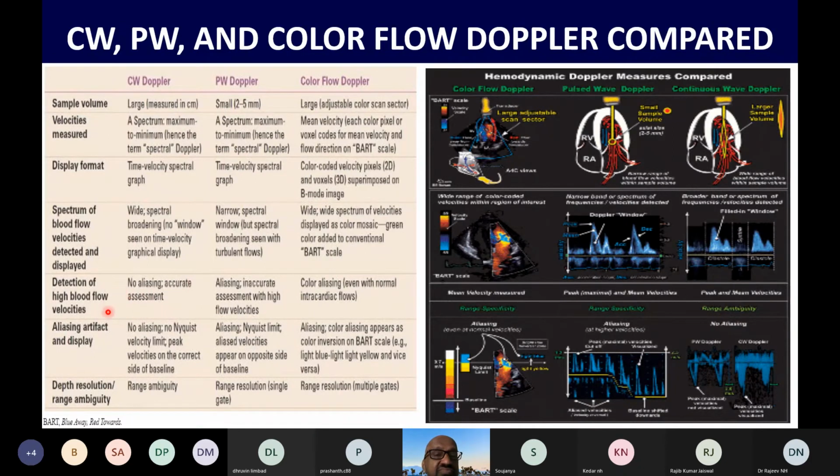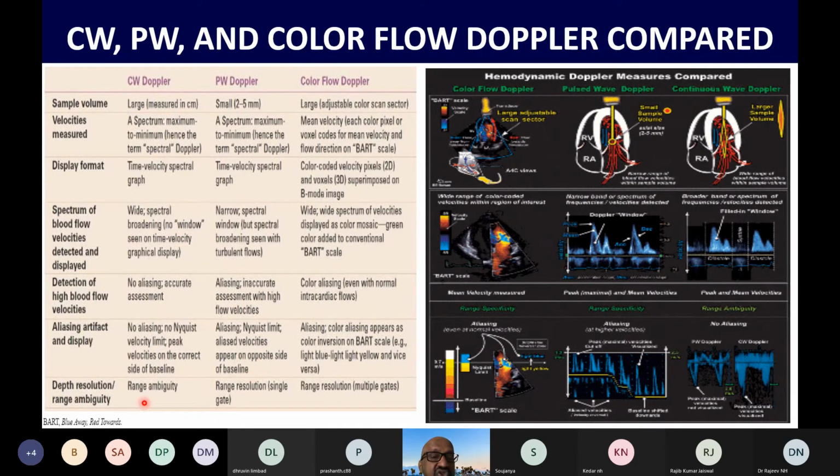And detection of high blood flow velocity is possible with continuous wave Doppler, but it's not possible with pulse wave Doppler because aliasing occurs. So there's no aliasing in continuous wave Doppler, and if you cross the Nyquist limit, velocities will be aliased and appear on the opposite side of the baseline.